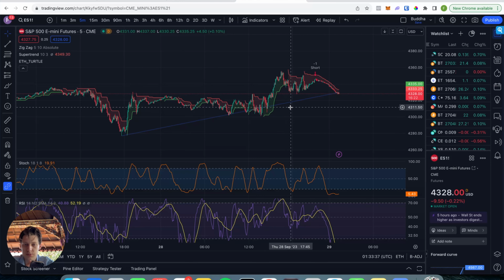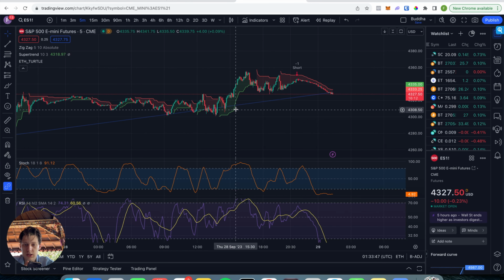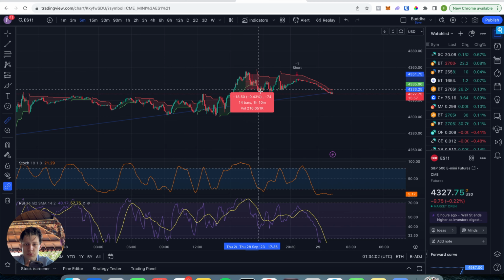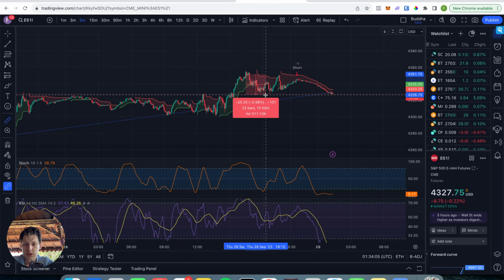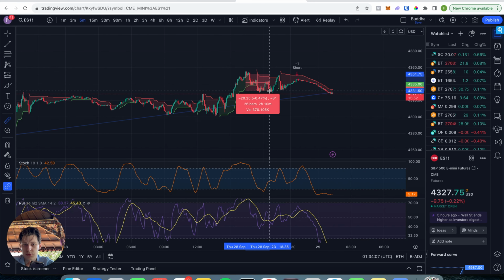Let's say, for simplicity's sake, the stochastic here, every time it topped or bottomed, you go short or long, right? When you take that trade, you assume that when the stochastic's here, the price is going to go down, which in this case happened, right? Let's assume that every time that happens, the move is at least 0.5% on ES.